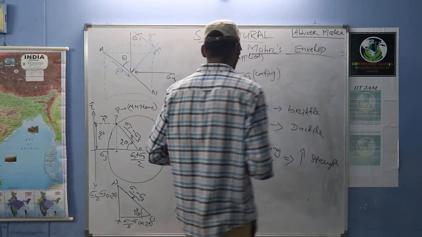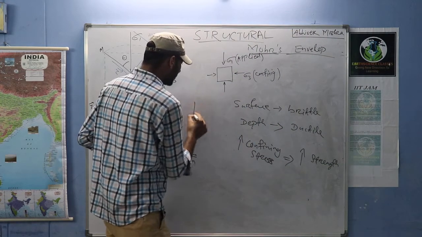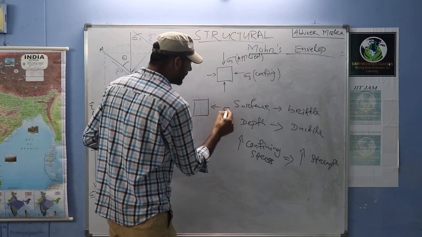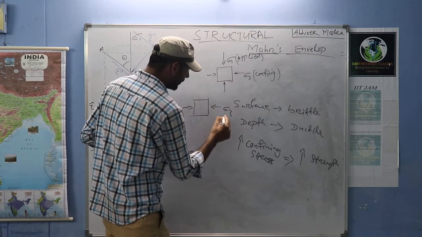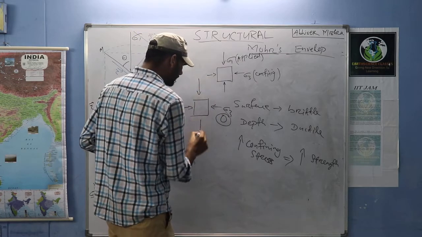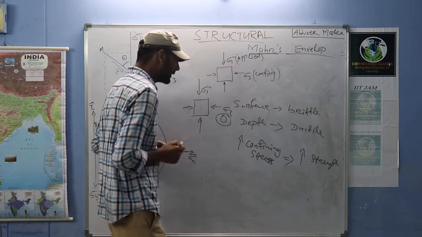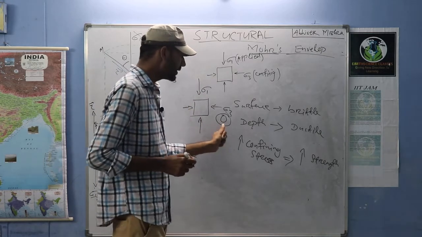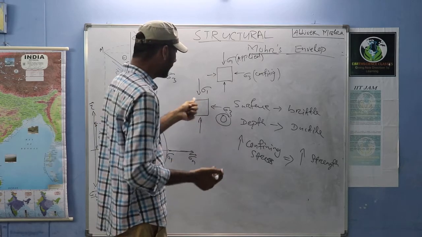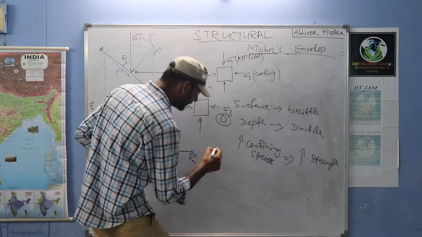Let's say for example, now this material is under 0 confining stress. That means I am not applying any confining stress, and I will give applied stress, right? Let's say for 0 confining stress, the material will rupture or it will develop fracture, right?